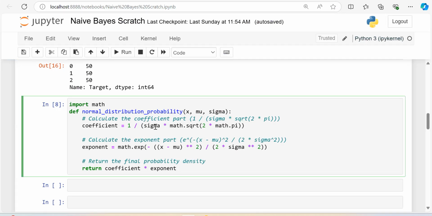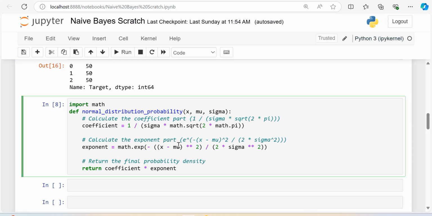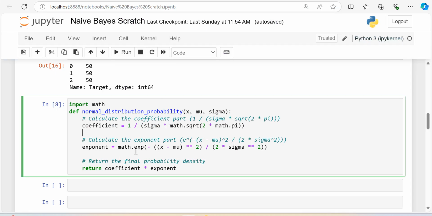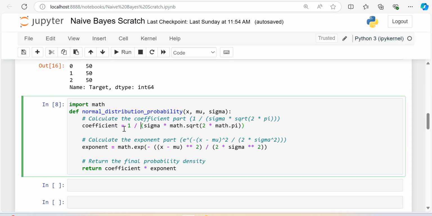If it is square you can write like this also: sigma multiply the square root of 2 pi. Then we calculate this value, e to the power minus x minus mu square divided by 2 sigma square. Then we multiply both and return this, so we are getting the probability. I wrote this function to get the probability.